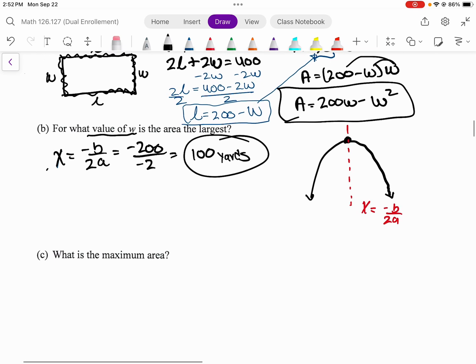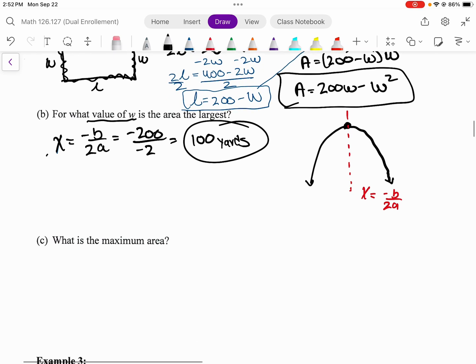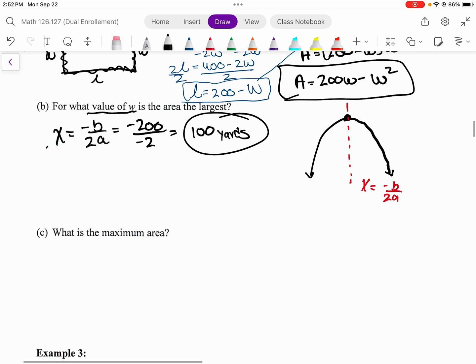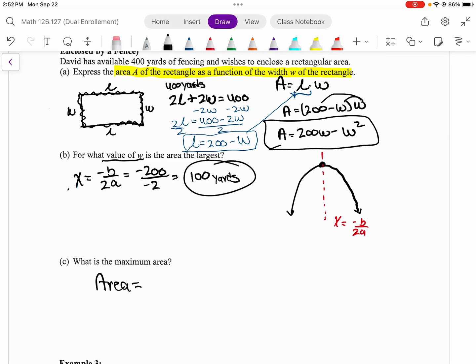Now, the next question is, well, what is the maximum area? Now that we know what W needs to be, we can actually find the maximum area. And remember, area in this specific example is given by 200W minus W squared.